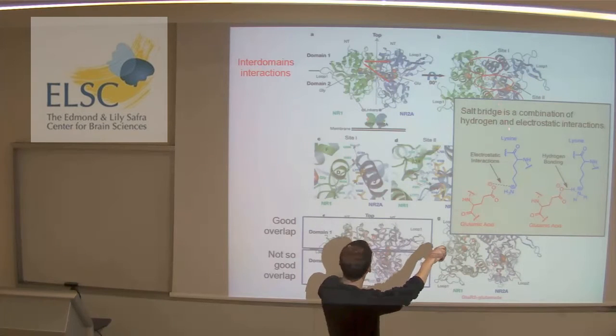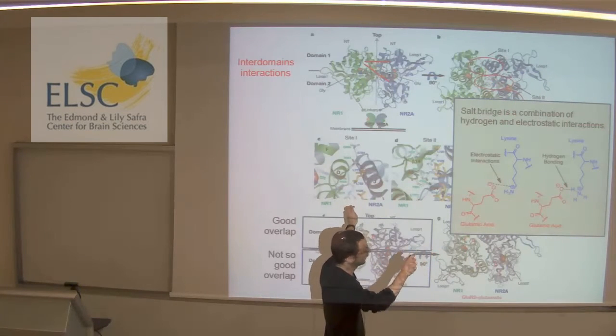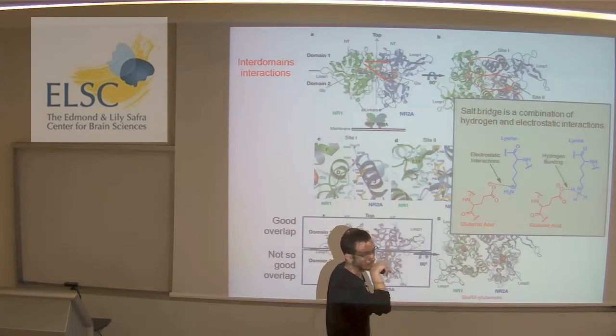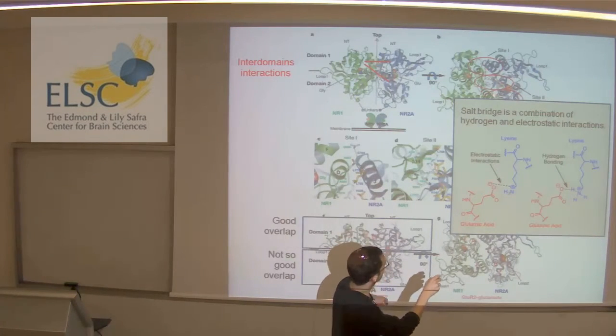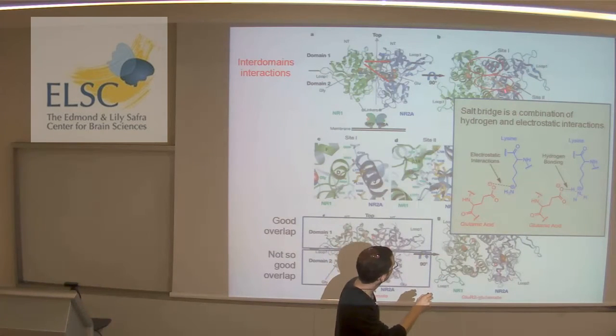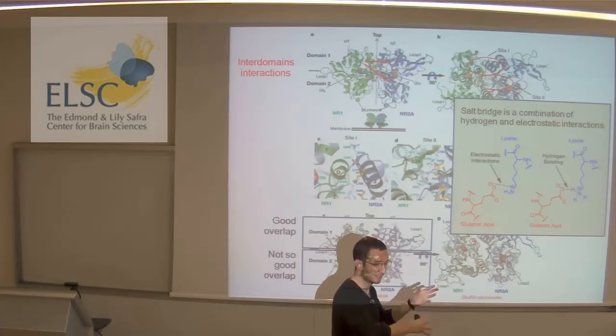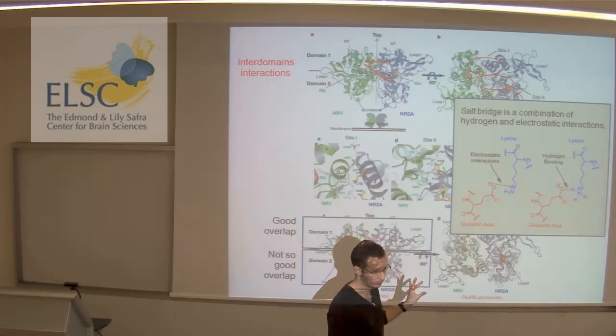So here on the interface you find also hydrogen bonds and salt bridges. But you say salt bridge is both. No, so some of the interactions you'll find in this interface are pure hydrogen bonds, and some of them are hydrogen bonds having also electrostatic properties, and hence are salt bridges.